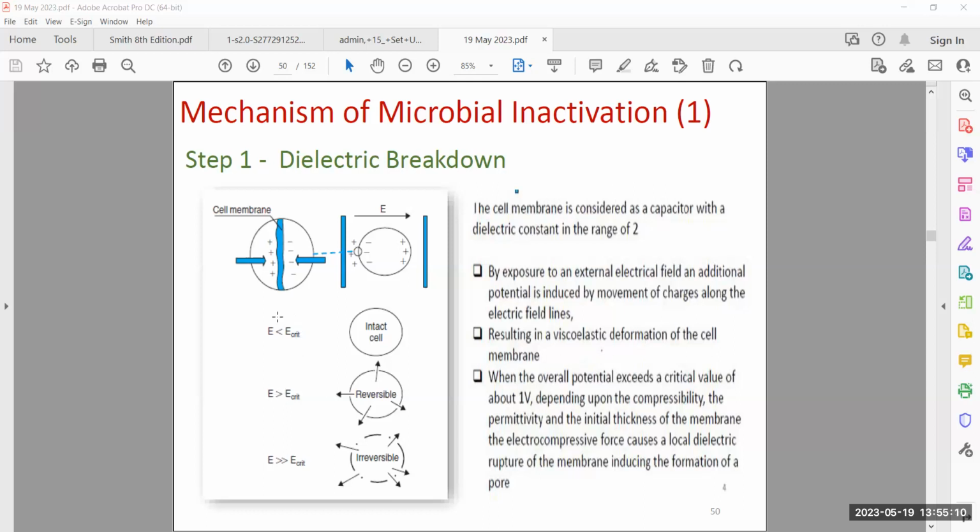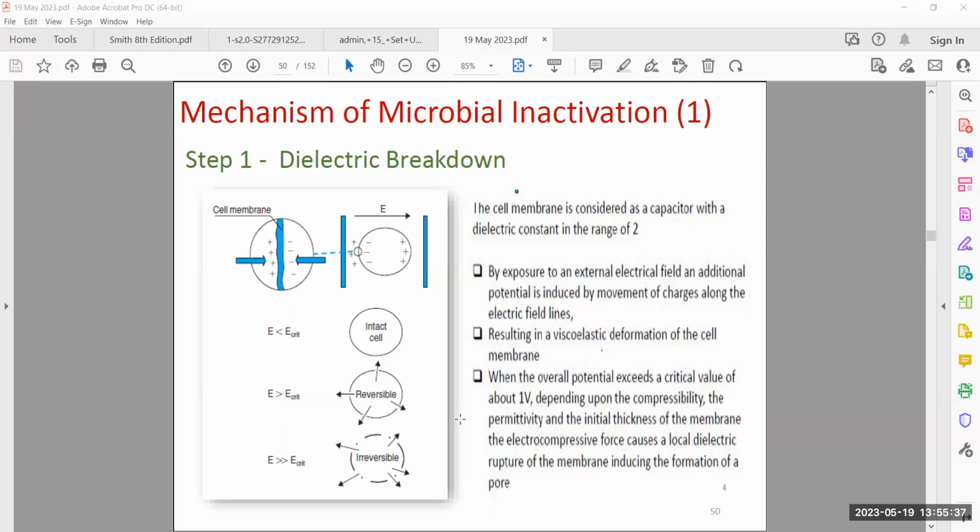So you need to find out the critical electrical strength of your microorganism. If the E from the pulse electric field is only a bit higher than the critical, it is a reversible process where your microorganism may resuscitate, but if it is much higher, it results in an irreversible process.